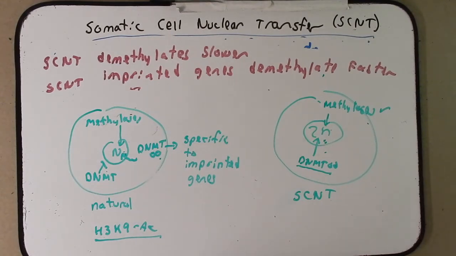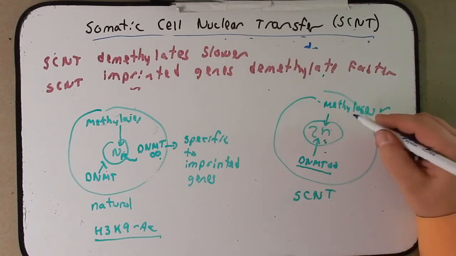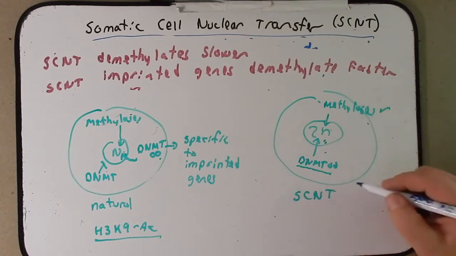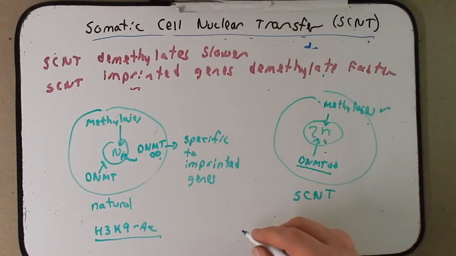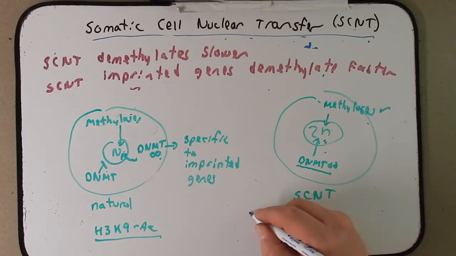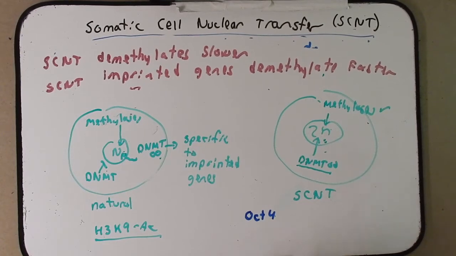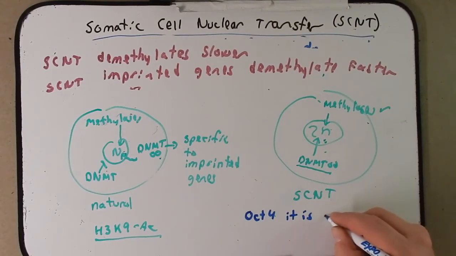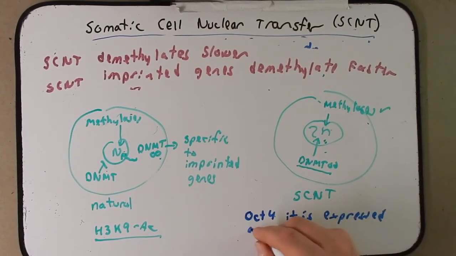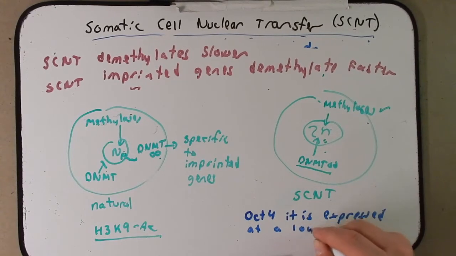Okay, the last thing I want to say is just an interesting observation that provides some evidence that the reprogramming is not perfect, and that we have some problems with it. And that is that our gene, OCT4, if you remember, this is the gene that helps maintain the pluripotent state, is expressed at a lower rate.